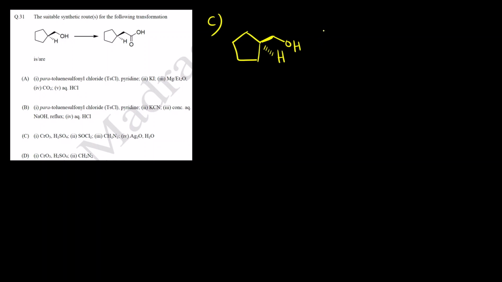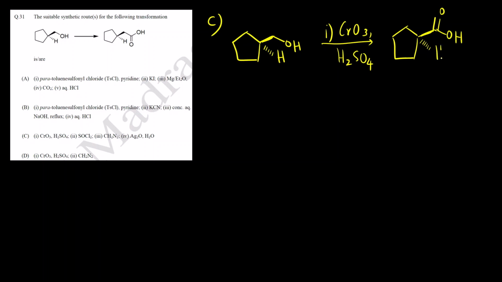So the first step is oxidation. The first step is reaction with CrO3, chromium trioxide, H2SO4. Primary alcohol will get oxidized to carboxylic acid. Then what is the next step?